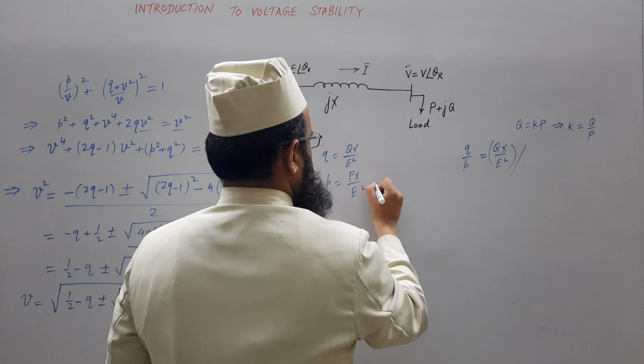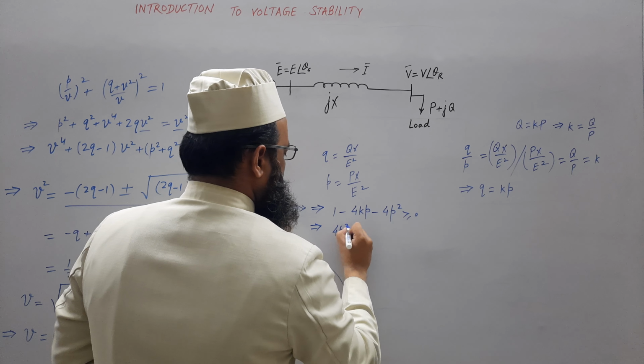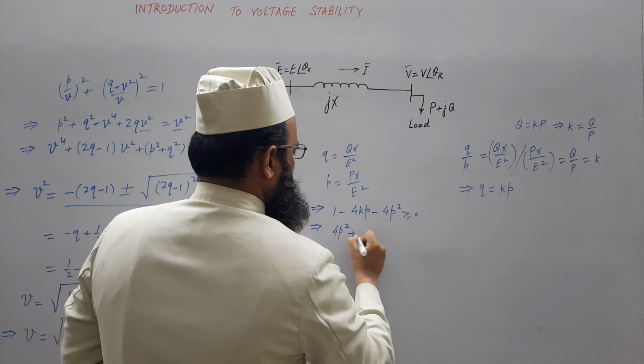From here we may write, this implies 1 minus 4 Kp minus 4 P square equal or greater than 0. That is 4 P square plus 4 Kp minus 1 equal or less than 0. Fine.